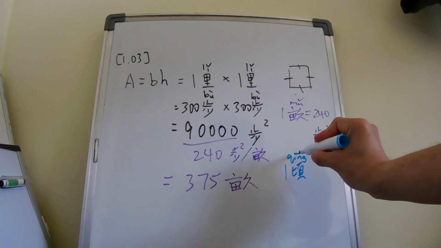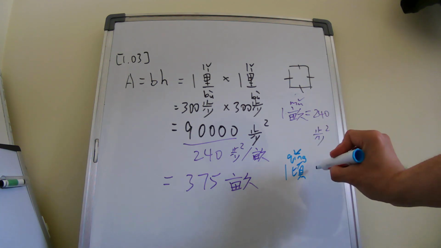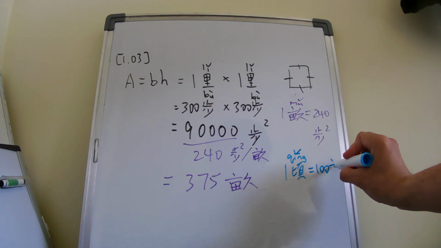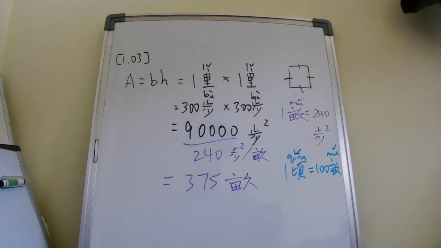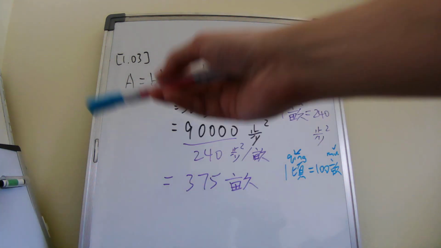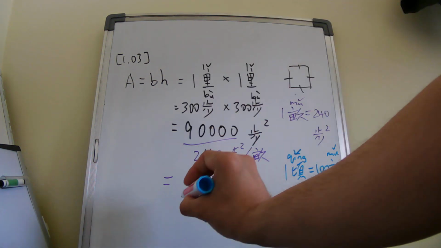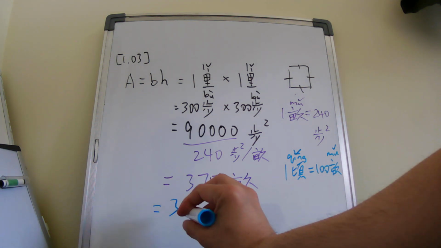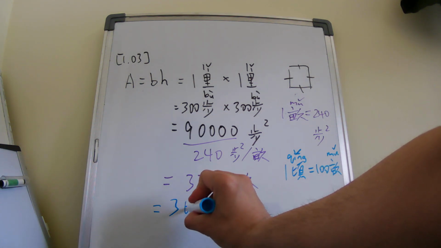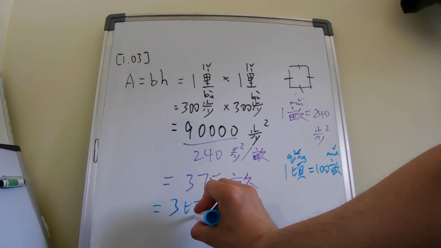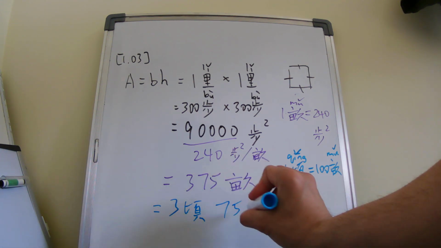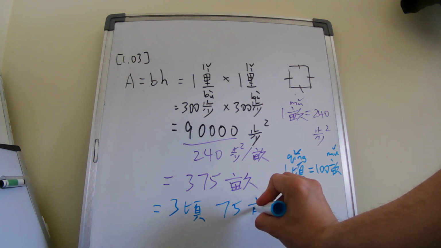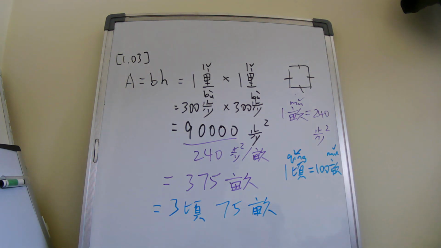I find it so much easier to pronounce it in the first tone. So all we have to do is change the first 300 into 3 qǐng, and then the leftover, which is 75 mu, is there. Simple as that.